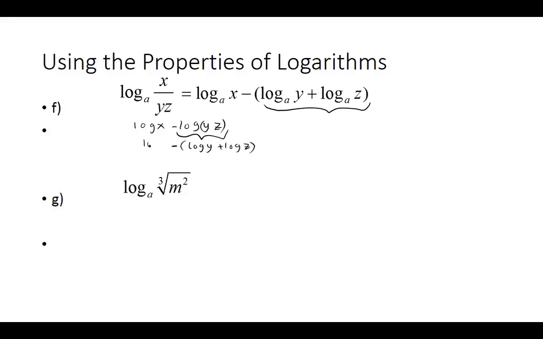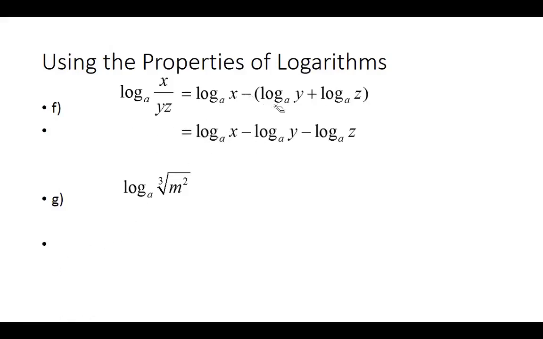And then we're going to distribute this minus. You notice that I didn't put any base here to make it not so busy, but all the bases are a. So you can see we get the same answer here as we have. Distributing this minus would be minus log of y minus log of z. So we're expanding this.